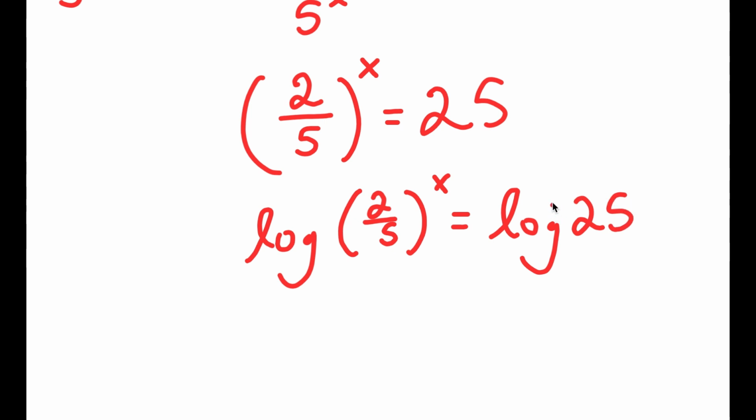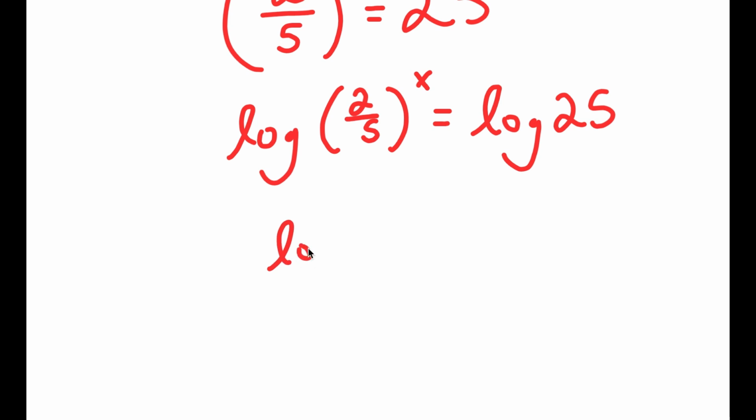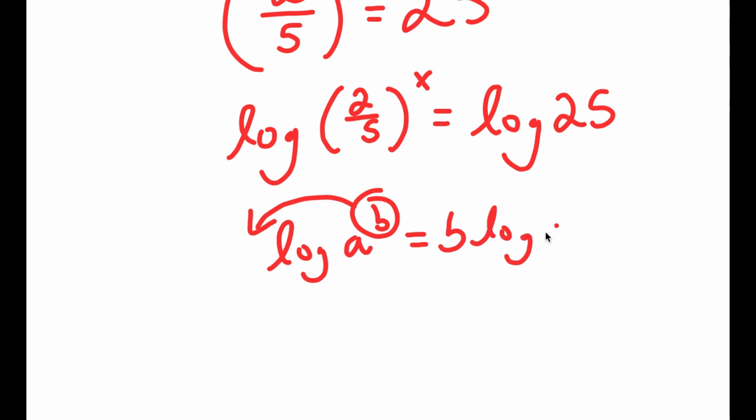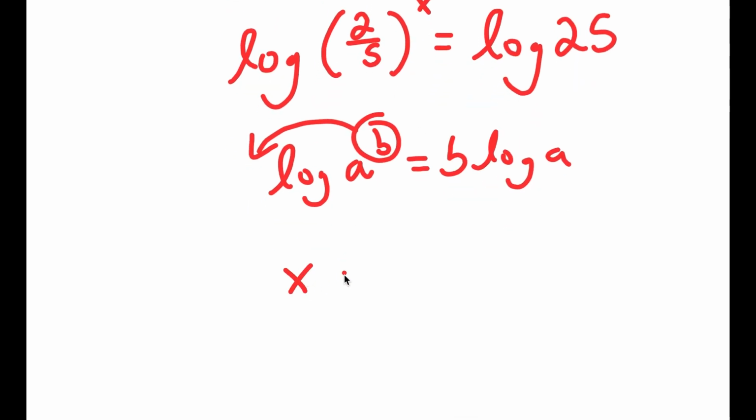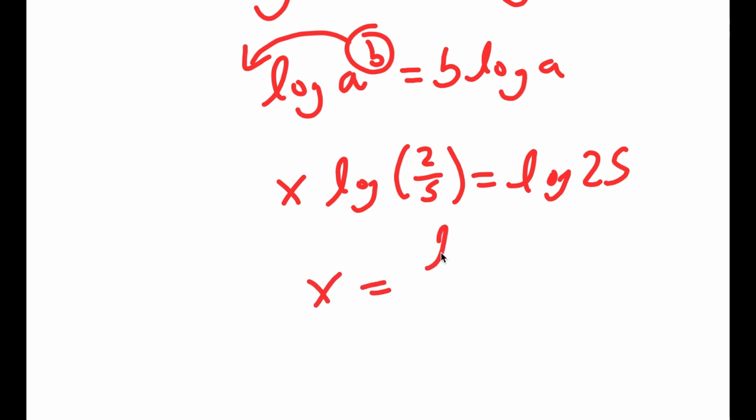The reason I did this is because I can use the property that states that if I have something in the form log a to the power of b, I can move this exponent b to the front. So it's going to equal b times log a. So in this case, I have x times log of 2 over 5 is equal to log 25, meaning x is equal to log 25 over log of 2 over 5.